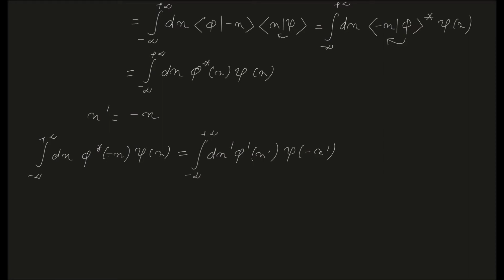So we have changed −x to x′, a new variable. This becomes the integral dx′, where φ*(x′) can be written in the new variable x′ as ⟨φ|x′⟩, and ψ(−x′) is given by ⟨−x′|ψ⟩.